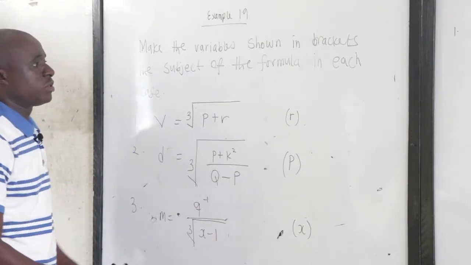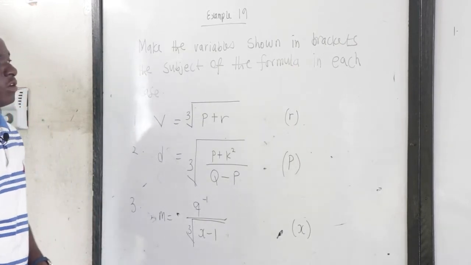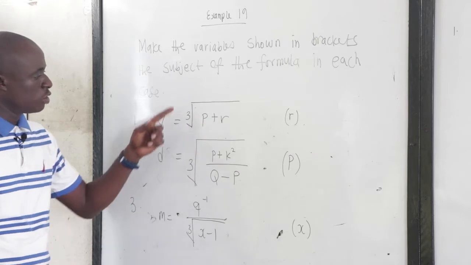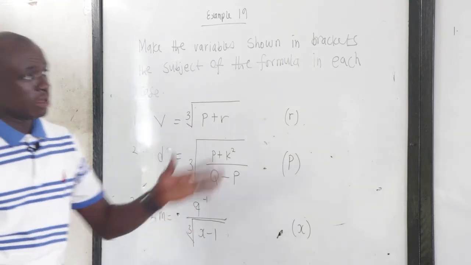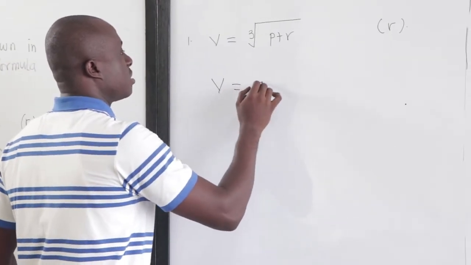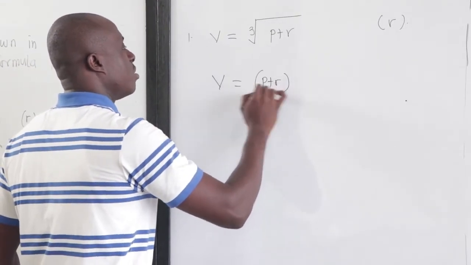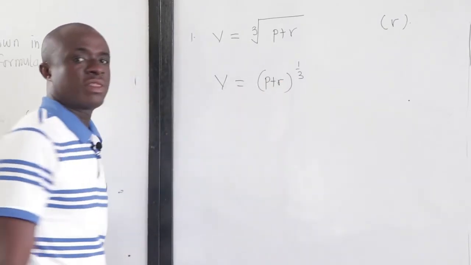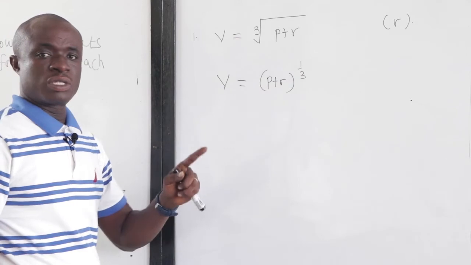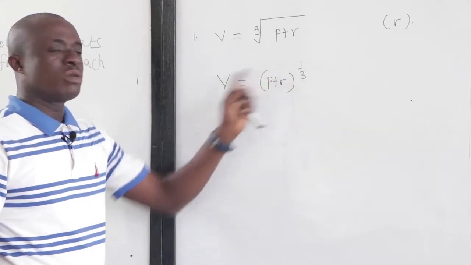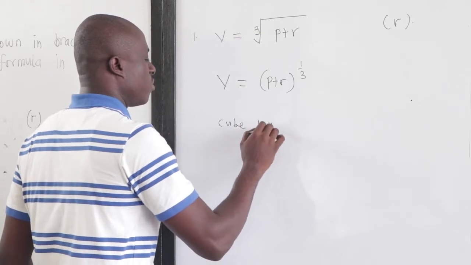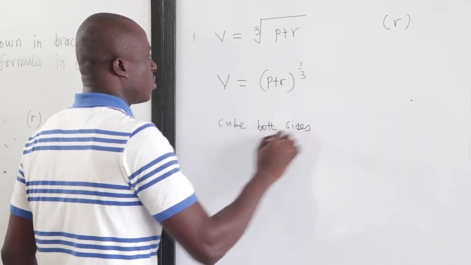Example 90: make the variable shown in bracket the subject of the formula in each case. The first one, we want to make r the subject. We have v equal to the cube root of p plus r. This can be written as p plus r all to the power 1 over 3. Now what should be done so that this cube root goes away? Because it's 1 over 3, we cube both sides.